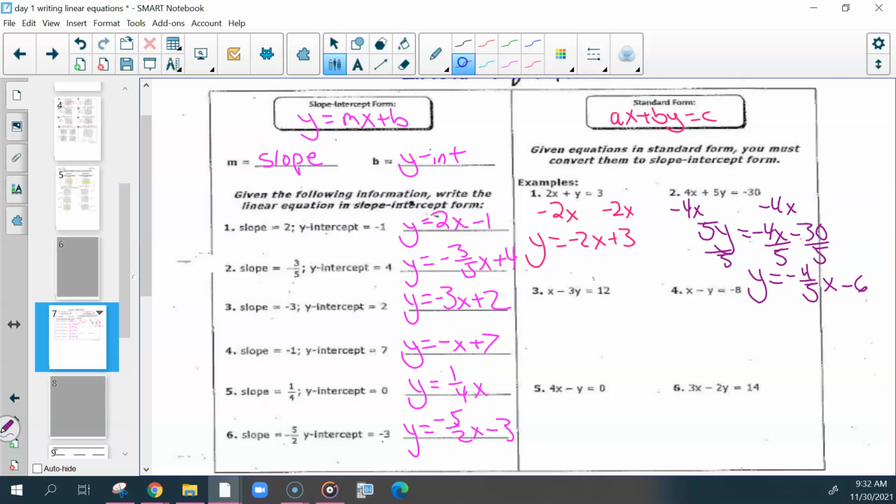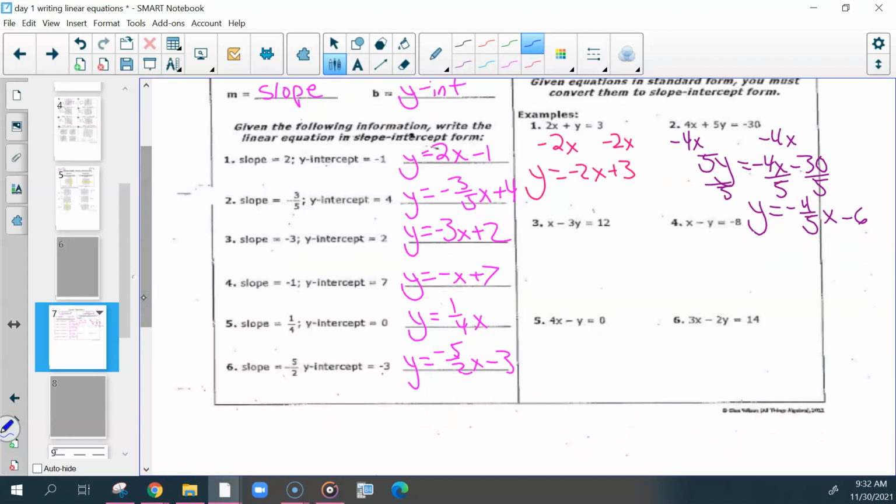Last one, number 3. How would we start that one? Subtract x on both sides to get the y variable. So divide negative 3 to everything.